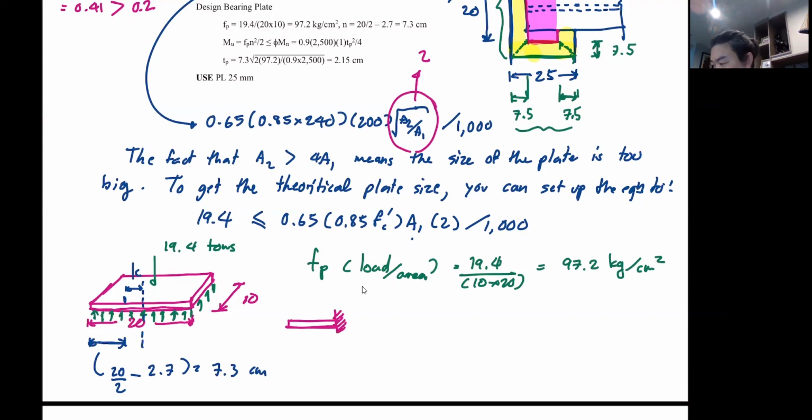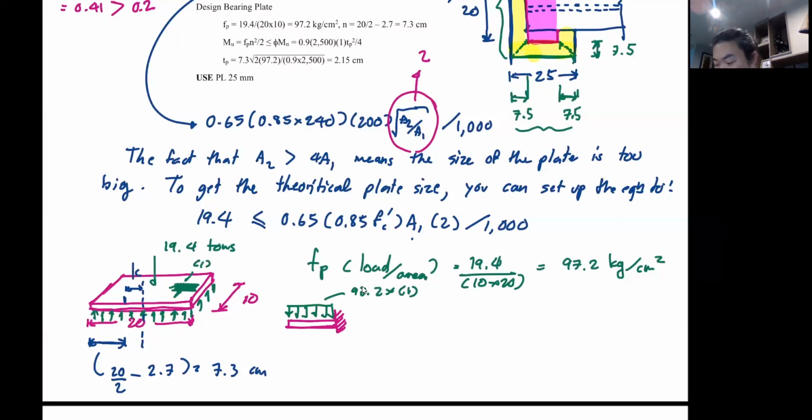And like I said, you can swap it upside down. So this becomes 97.2 multiplied by, because we take 1 centimeter of width, let's say 1. So you can multiply this by 1.